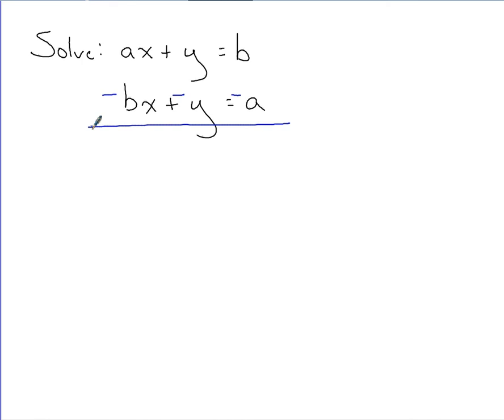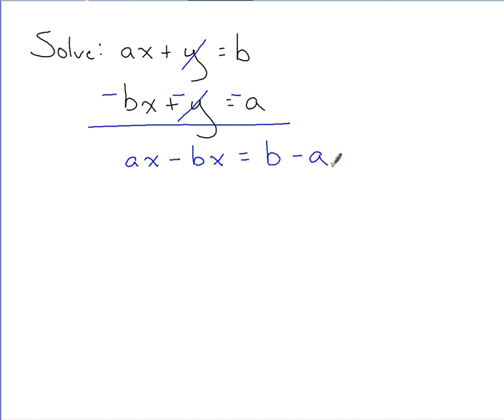With the x's, we've got ax minus bx, right? The y's go away, and that equals b minus a. Only the x's remain, so I can solve for x.